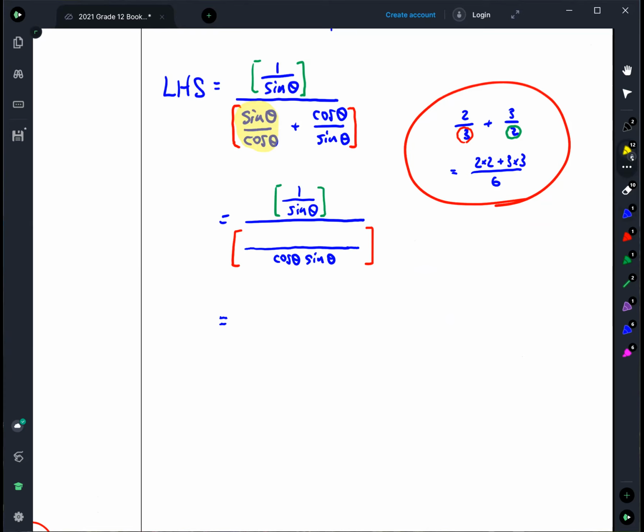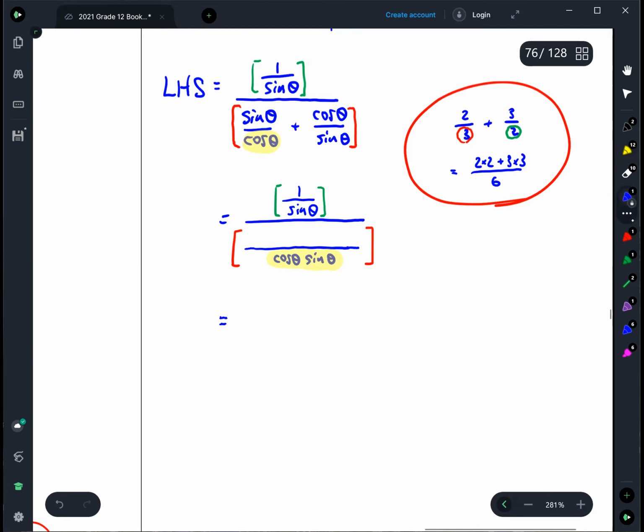Compare that. Let me try again. Cosine theta, compare with the common denominator, cosine sine. It's missing the sine, right? So numerator needs to times the sine again. So your correct writing should be sine squared. Okay, sine times sine is not 2 sine, it's sine squared.